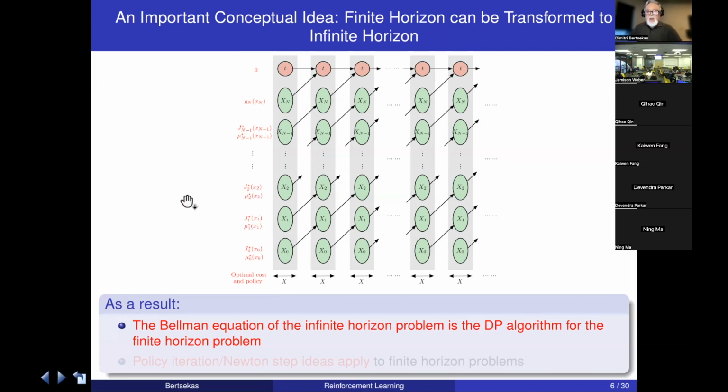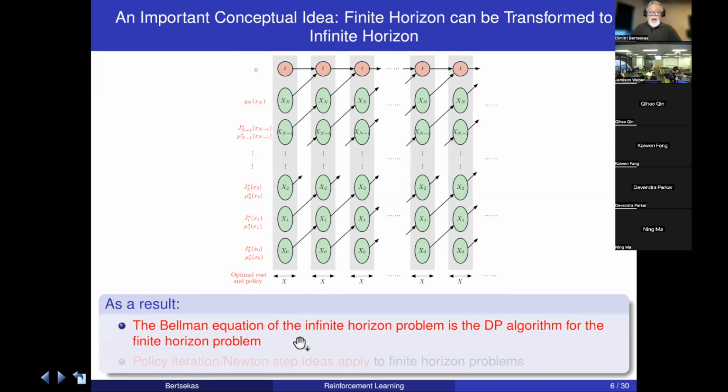So there's a one-to-one equivalence here, and moreover, if you write the Bellman equation for the infinite horizon problem, there's one Bellman equation for every state, where we are in these spaces. And you'll see that it's exactly the dynamic programming algorithm for the finite horizon problem. So the Bellman equation for infinite horizon is the n-stage dynamic programming algorithm for the finite horizon problem.